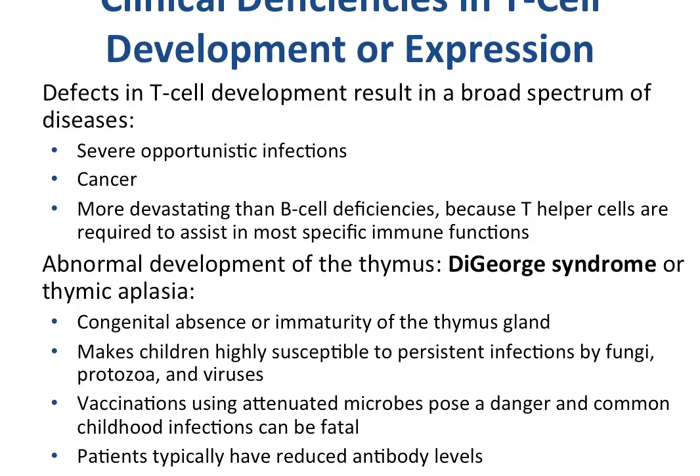The example would be DiGeorge syndrome. Since the patient has aplasia of the thymus, the T cells don't have a place to mature. So the patient will not have mature T cells. That's why the patient will have the T cell defect. The patient may have fungal, protozoal, or viral infections, also cancers.